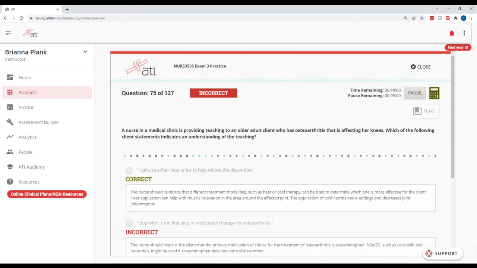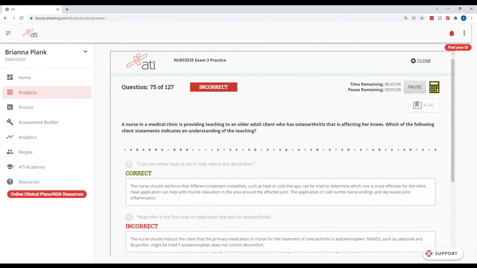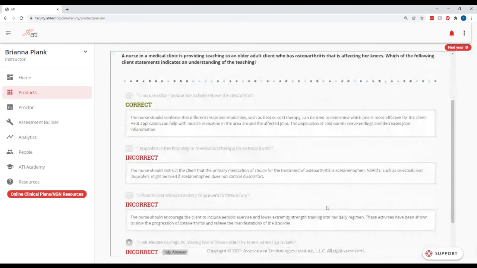So we can do either heat or ice, whichever one feels better for them. Cold is going to help reduce inflammation, kind of decrease the nerve ending reception of pain and the inflammation. Heat kind of helps relax that joint.